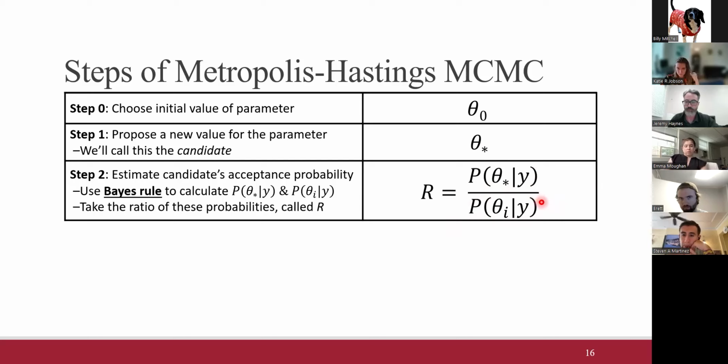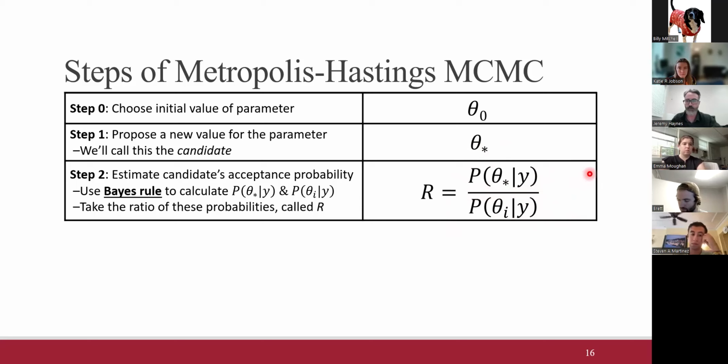If R is really high, if it's greater than 1, that means that the candidate is much more likely than the previous sample of the parameter value that we're considering. If R is really low, if it's below 1, this indicates that the previous sample is much more likely than our candidate.